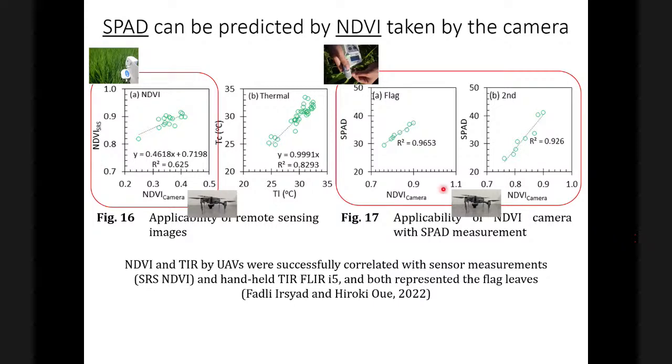Next, please look at the two graphs on the right-hand side. This is the relationship between the NDVI taken by the camera mounted on the UAV and the SPAD value measured by these handy instruments. As you can see, the SPAD value can be predicted by the camera NDVI very precisely.